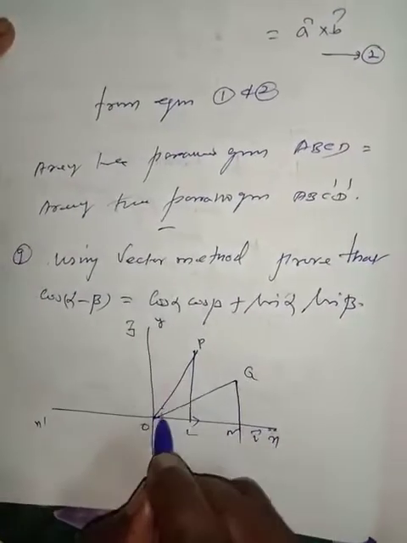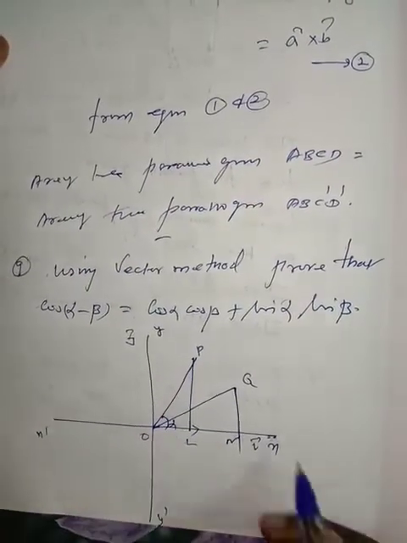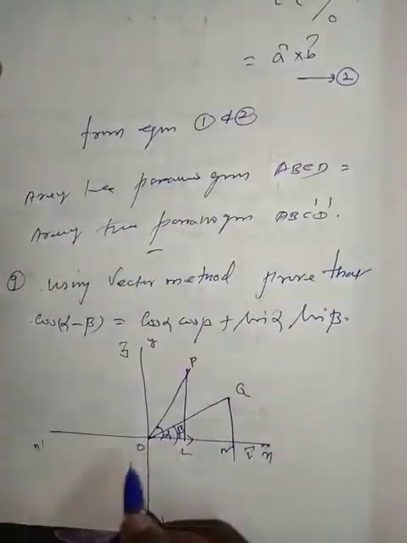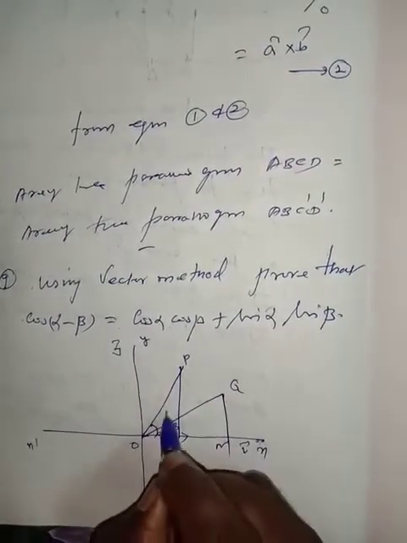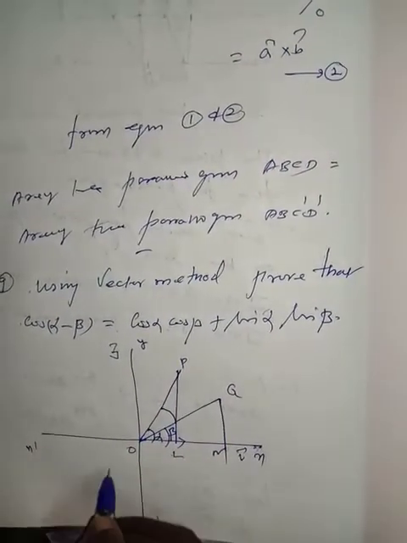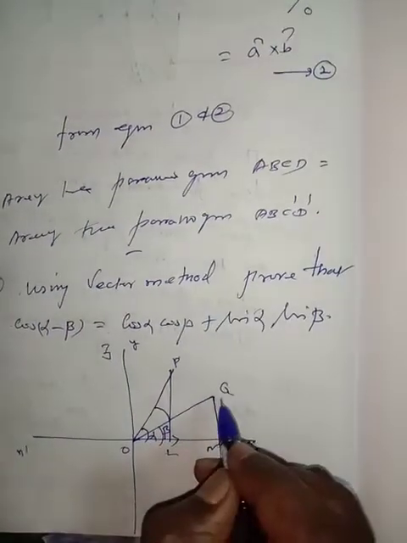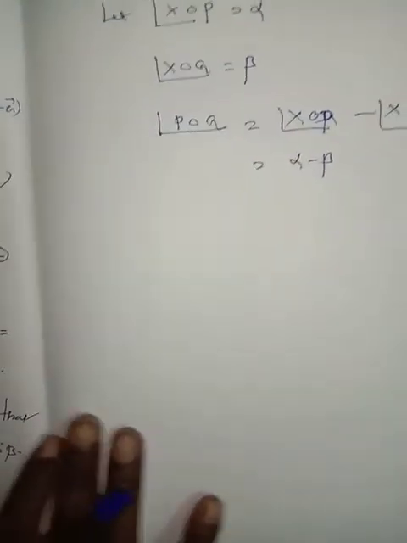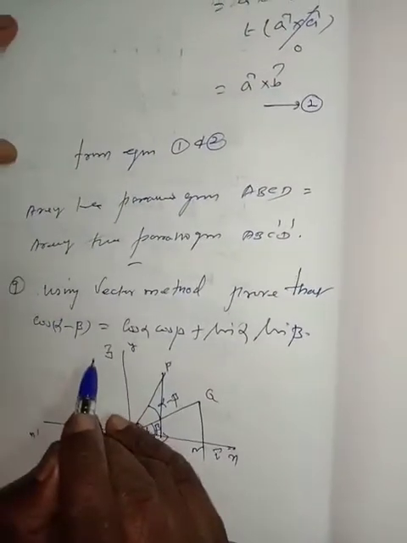So XOP is alpha, XOQ is beta, POQ is XOP minus XOQ, which is equal to alpha minus beta. So alpha minus beta. In this case, i vector acts along x axis, j vector acts along y axis.